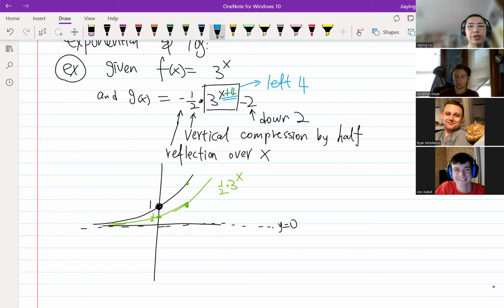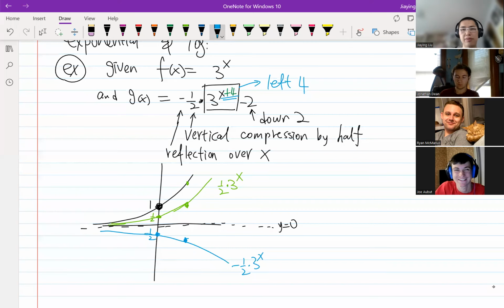Then we're going to reflect over the x-axis. When we do that, any point on the x-axis doesn't move, including the horizontal asymptote. So the 1/2 becomes negative 1/2, and that point is reflected into the negative y direction. So we get this curve. This is negative 1/2 times 3 to the x.